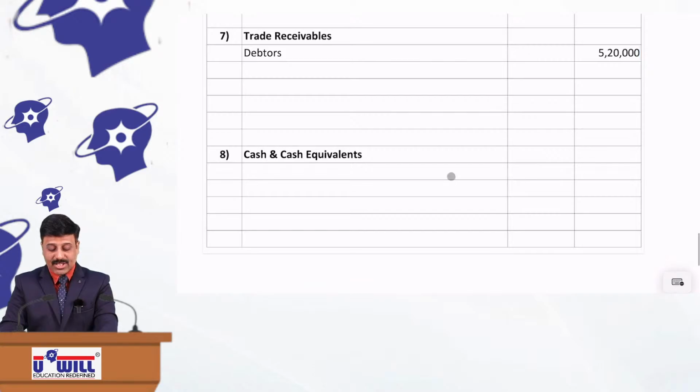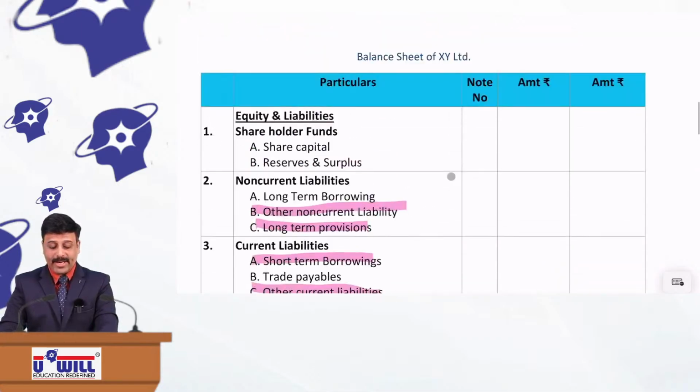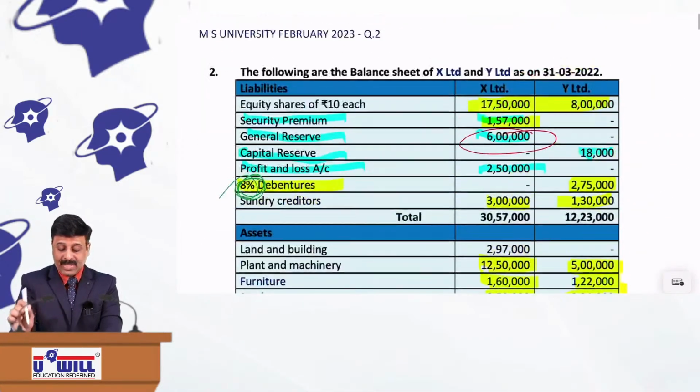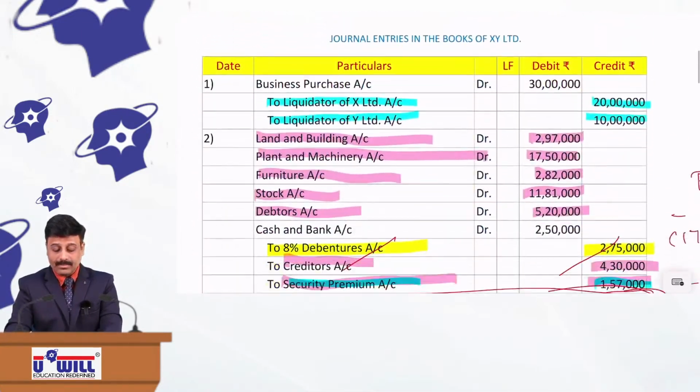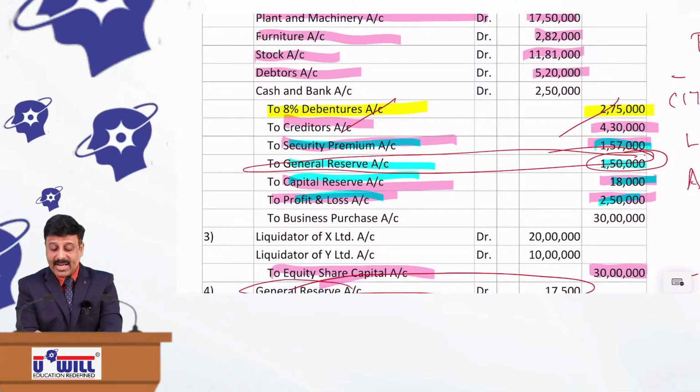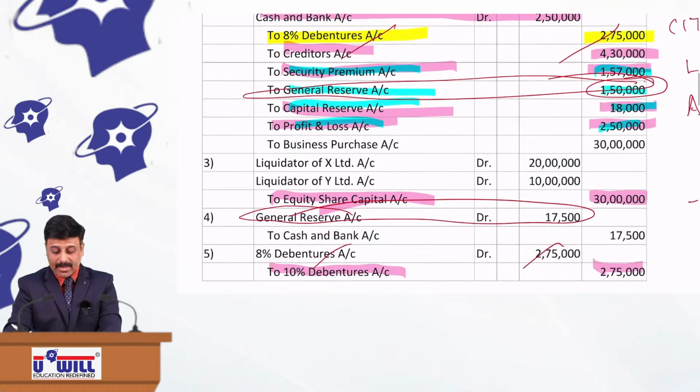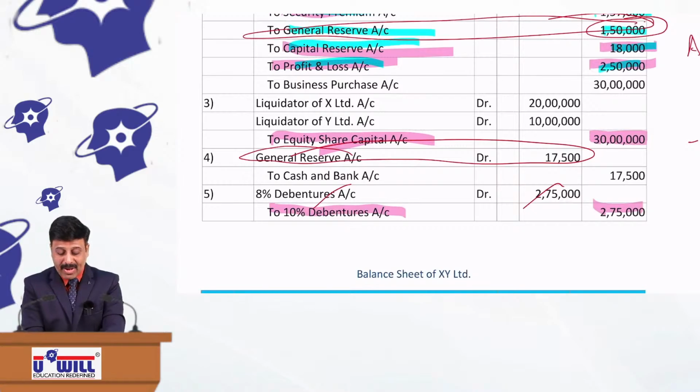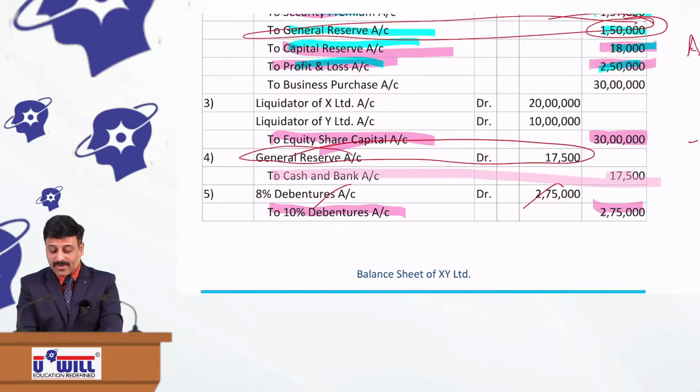Then cash and cash equivalents, total cash and bank account. Now over here again, you can see in the journal entries, cash and bank is 2,50,000, but from that we have paid this expenses of 17,500.